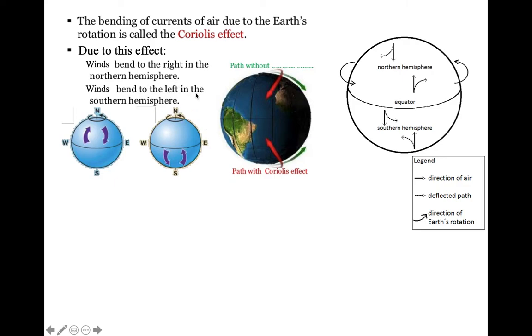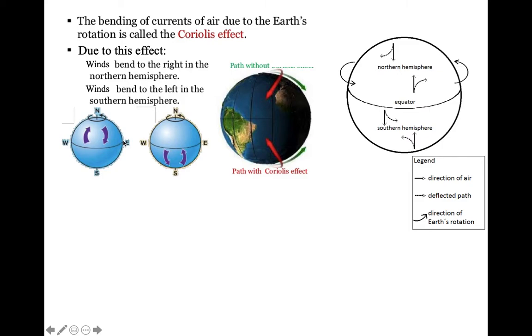Because of this Coriolis effect, the air currents actually bend above the Earth. Winds bend to the right in the northern hemisphere, and they bend to the left in the southern hemisphere.